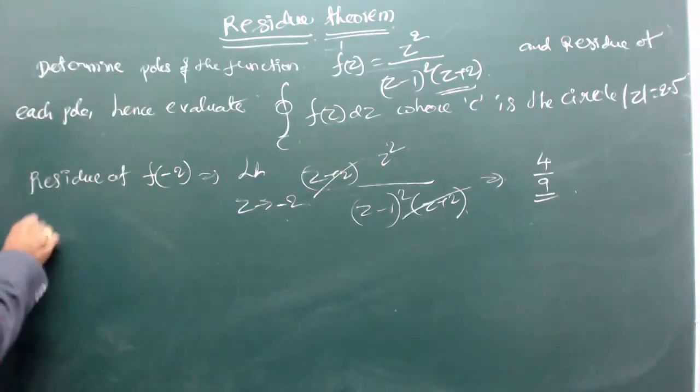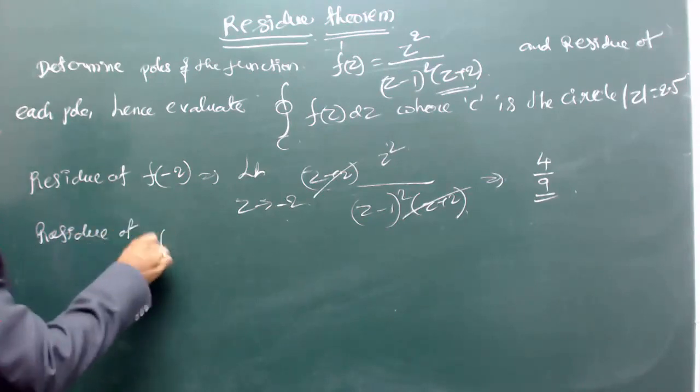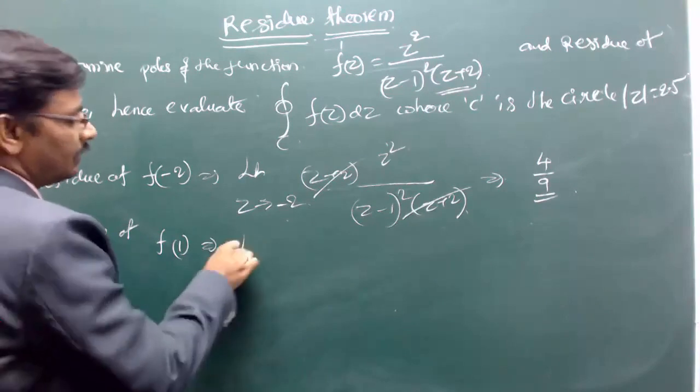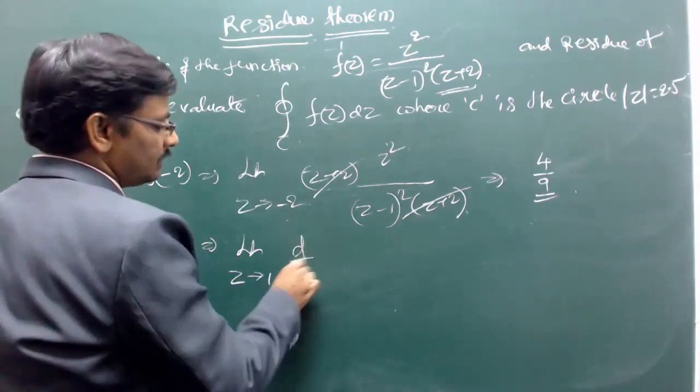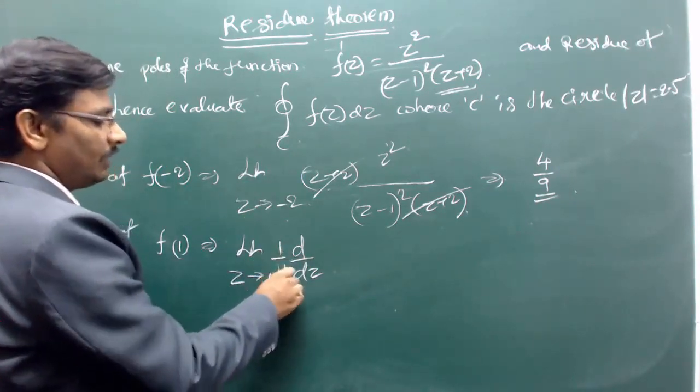Similarly, residue at f of 1. Here limit z tends to 1 and d by dz of, so only one derivative because n minus 1 is 1.